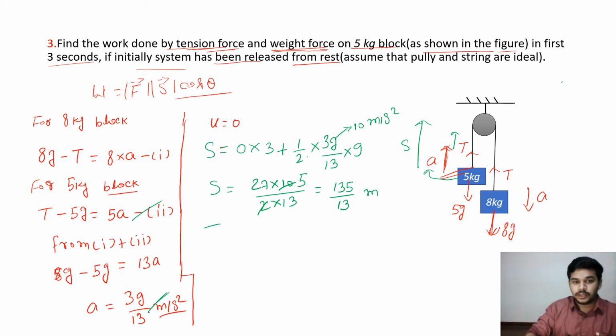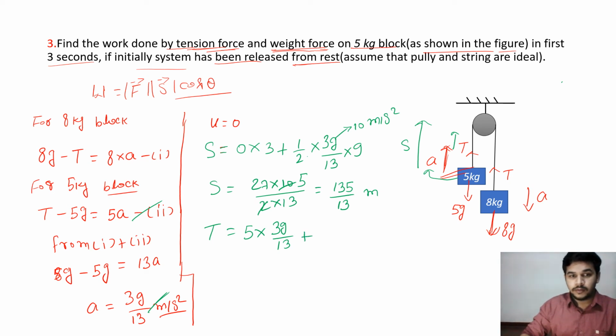So let's calculate. T will become how much? 5 into a, the acceleration, that is 3g by 13, plus 5g will come from the other side.